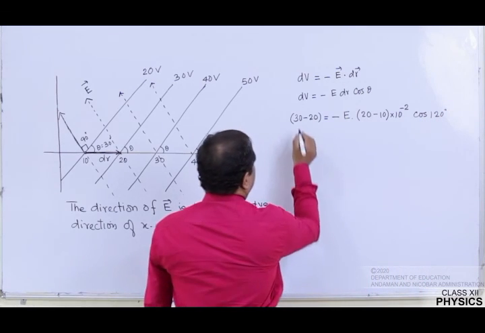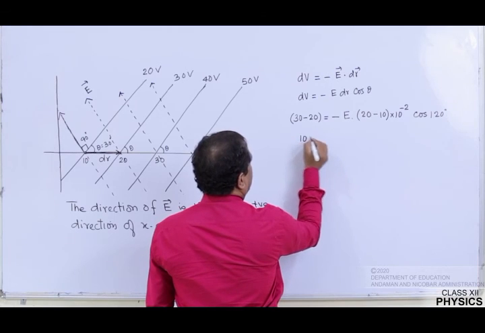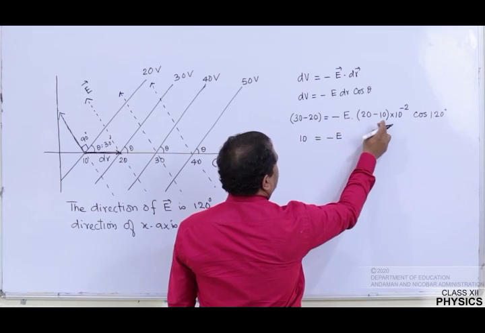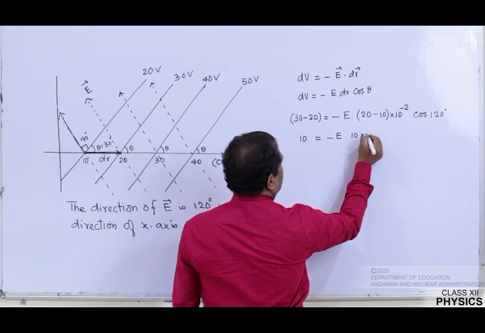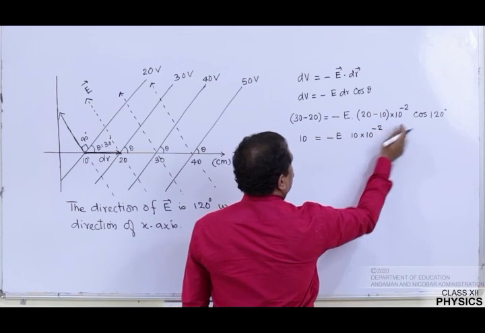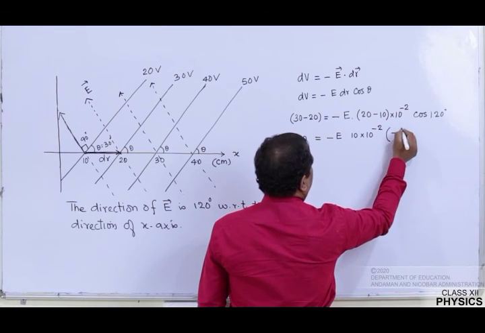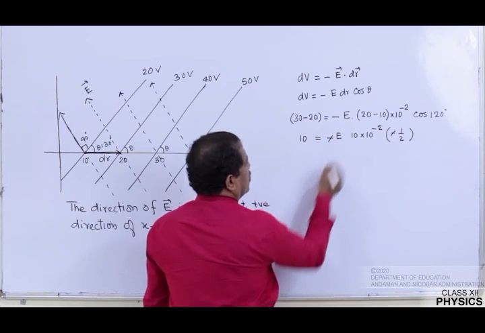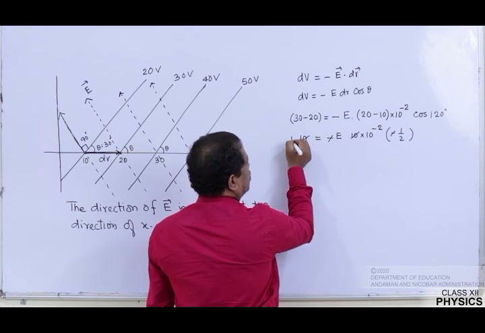Or else I write 30 minus 20 is 10, which is equal to minus E into 20 minus 10, which is 10, into 10 to the power minus 2, cos 120, which is minus 1 by 2. This minus and this minus go off, this 10 and this 10 work out, so here it is 1.